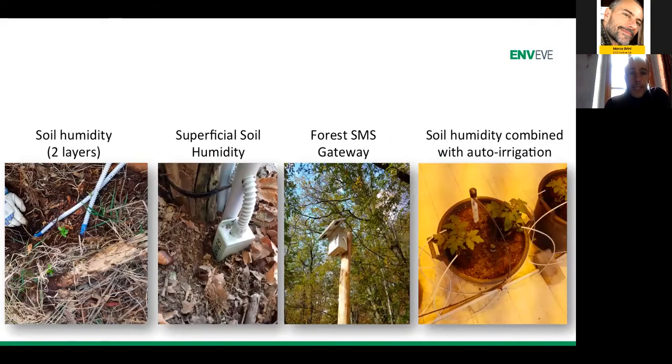So this is another example of an implementation I've been personally working on. Just to give you an idea, in this example you have soil humidity at 2 different levels, layer A and layer B. This is up to you. You decide the way to install them, which is important.